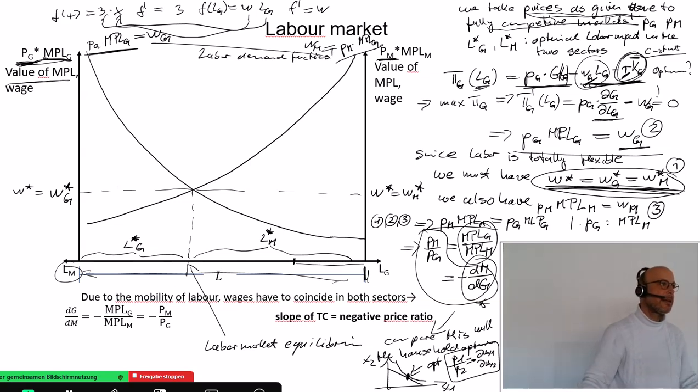Exactly the same. Price ratio is the relation between the marginal products. Price ratio equals the relation of the marginal utilities.